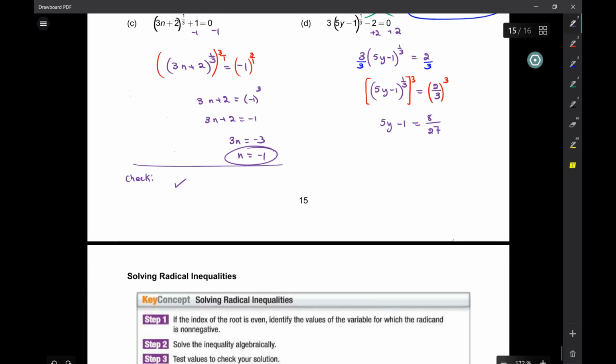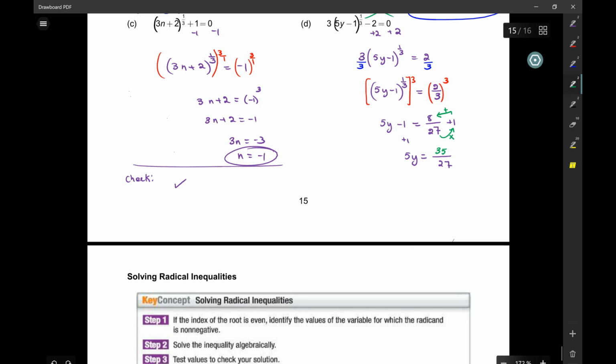Now what am I going to do? Add 1. So 5y is equal to, okay, so remember my shortcut with fractions and a whole number? The denominator is going to be the same. So now I do a loop. 27 times 1 is 27. Plus 8, 35.